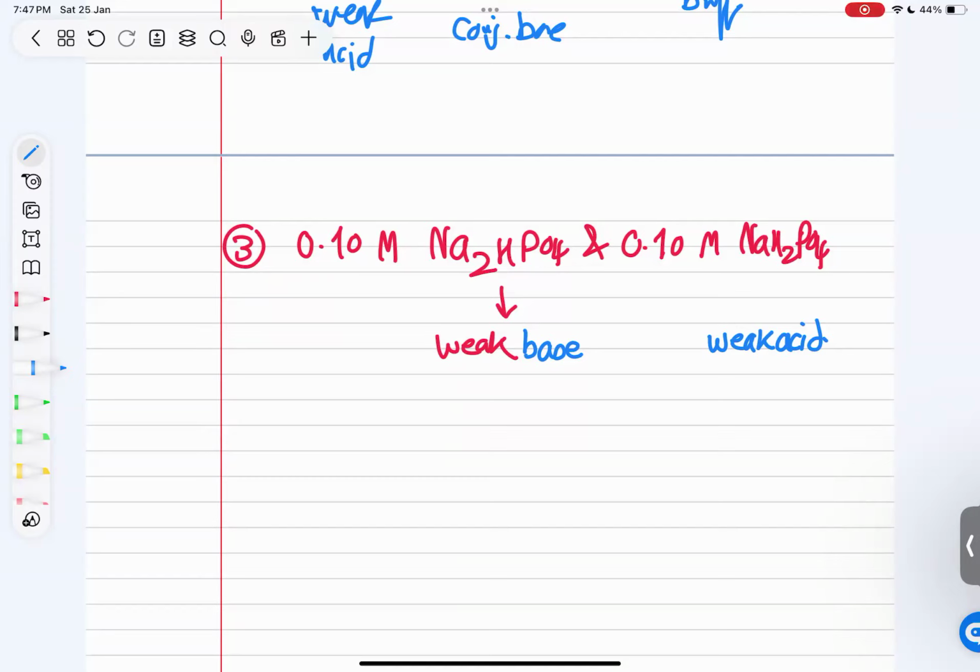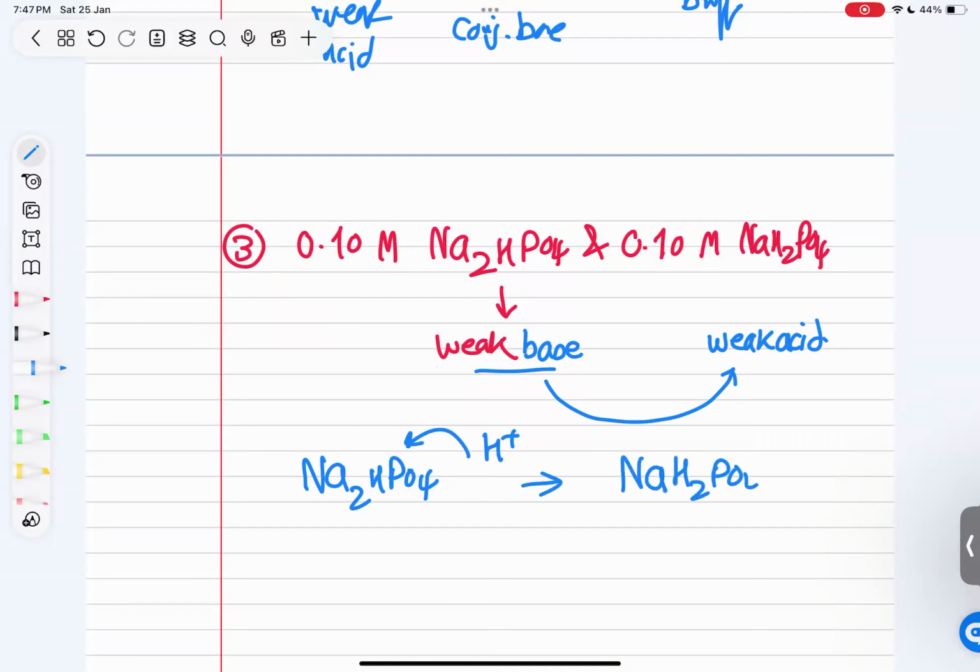So they form a weak base and its conjugate acid. If this is a weak base, it will take one extra proton and form NaH2PO4, its conjugate acid. So a weak base and its conjugate acid. So this is a buffer, the correct answer.